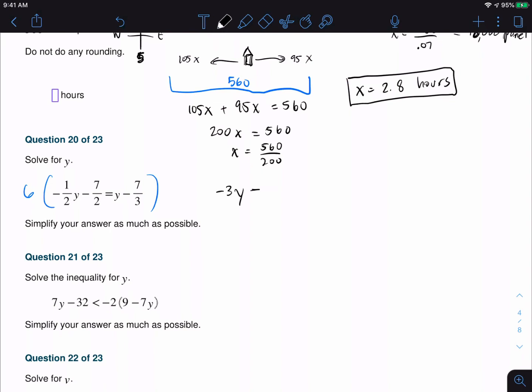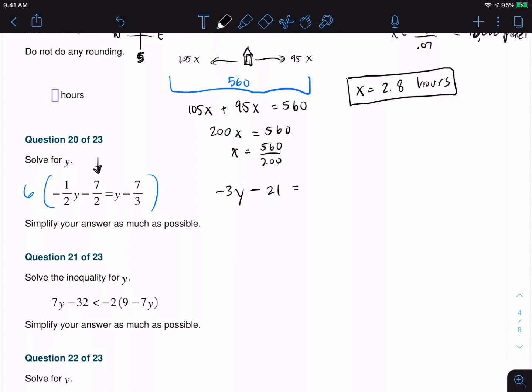Okay. And then what's 6 divided by 2? 3. And then times 7? 21. So that's how I got this number, because that's 6 times this number right here. First I'm going to divide, and then what's left over I'm going to multiply by the numerator. That's the trick.